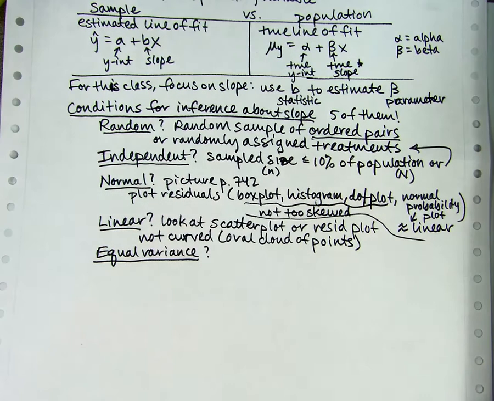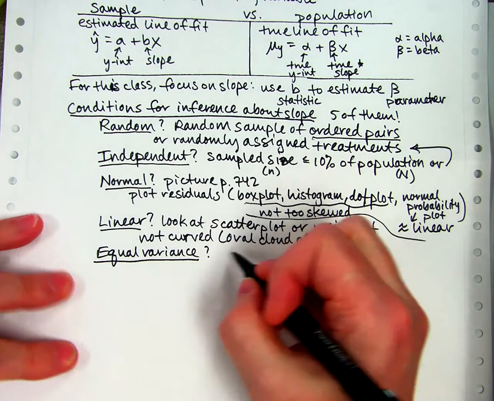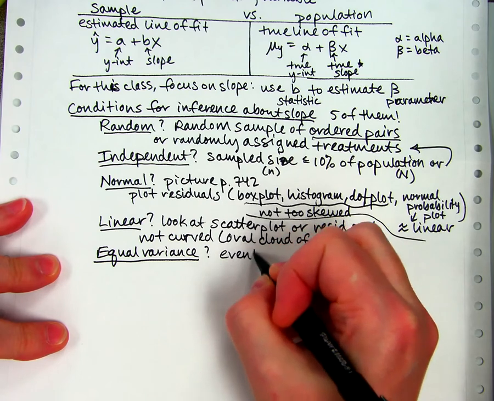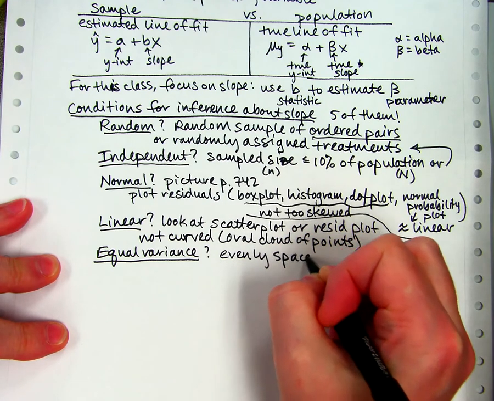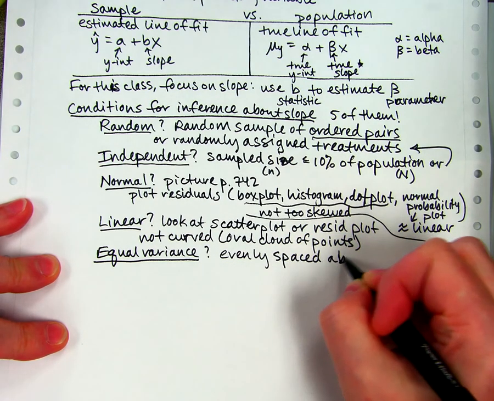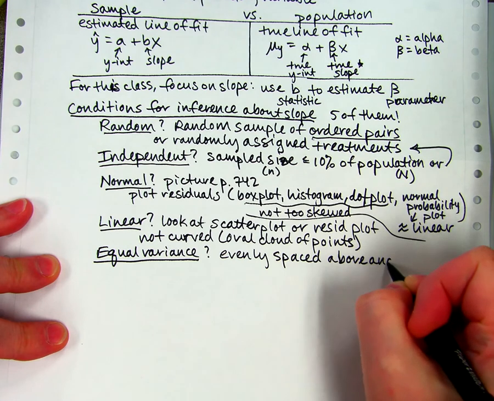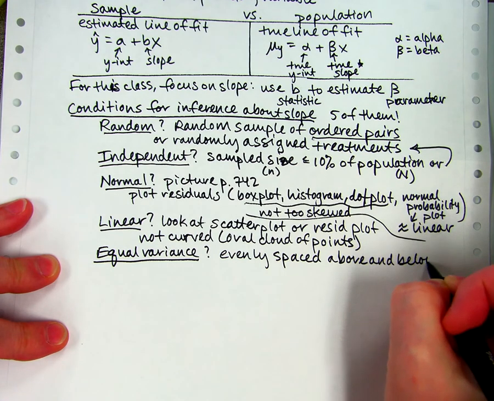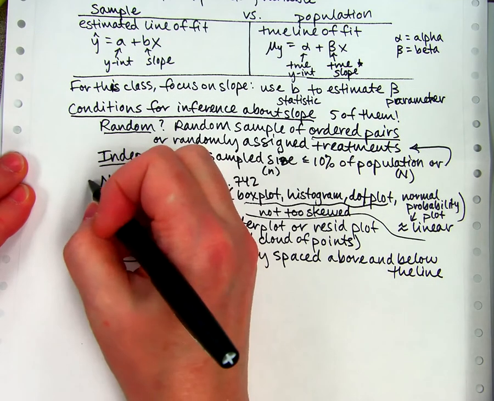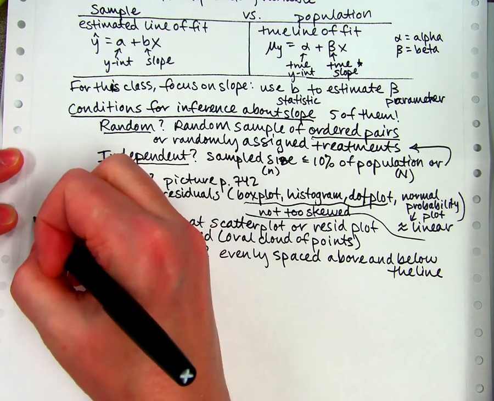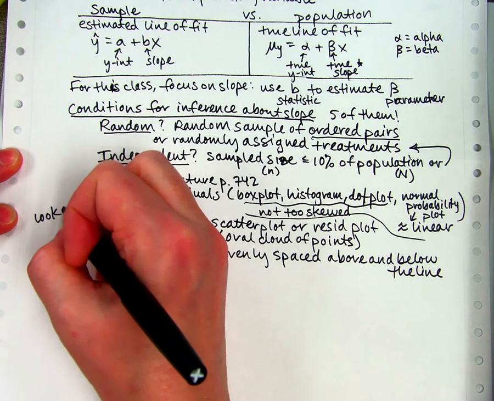And you are looking at the scatter plot to see if it looks like it's evenly spaced above and below the line. So the reason I like to put these three last is all three of these require that you look at a plot of some sort.